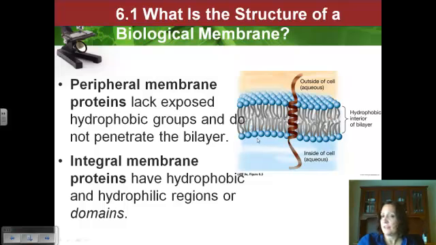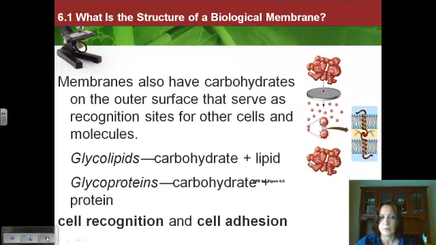Other proteins have hydrophilic regions and hydrophobic regions. And so they end up orienting themselves in such a way that the hydrophilic regions are found inside or outside of the cell, and those hydrophobic regions are sandwiched in that hydrophobic layer in the membrane.